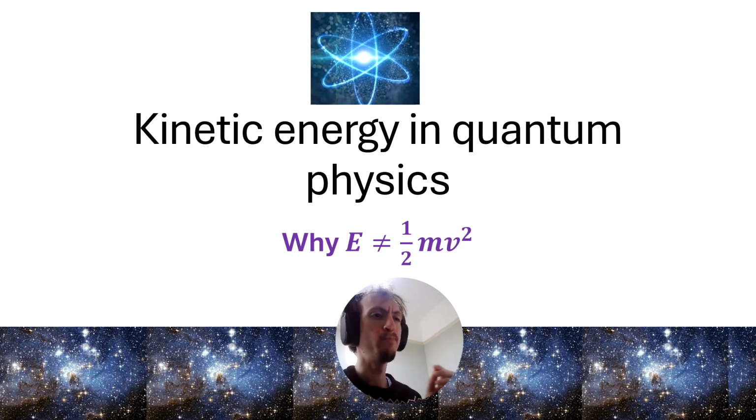And then because it's such a strange result, to wrap up the video, I'll have a quick last bit where I describe how to think about the logic behind the quantum version of kinetic energy in terms of Heisenberg's uncertainty principle, which so much of quantum physics seems to ultimately hark back to.